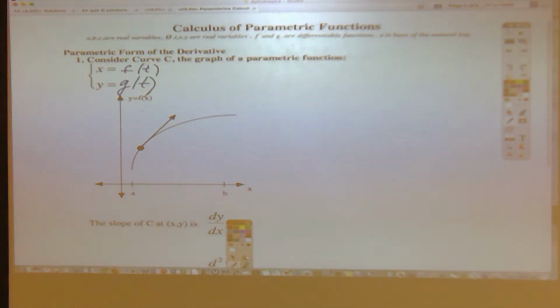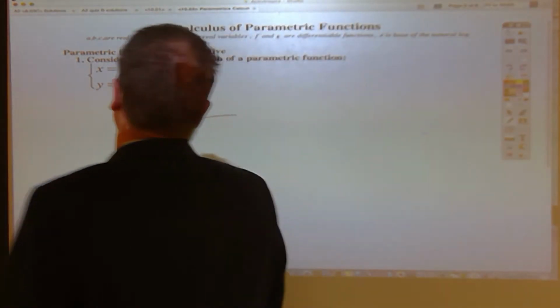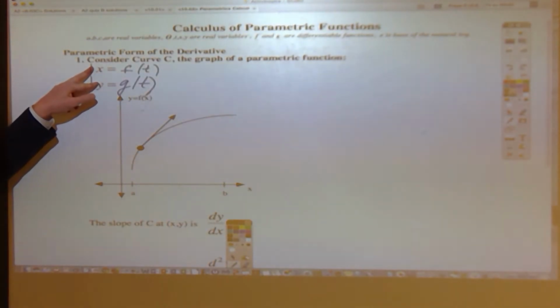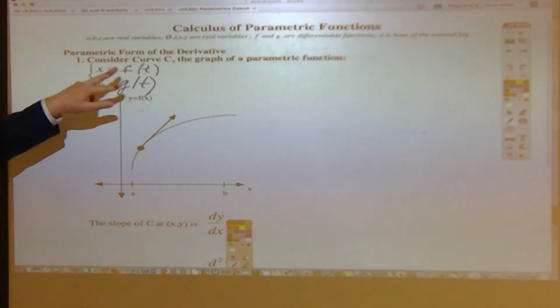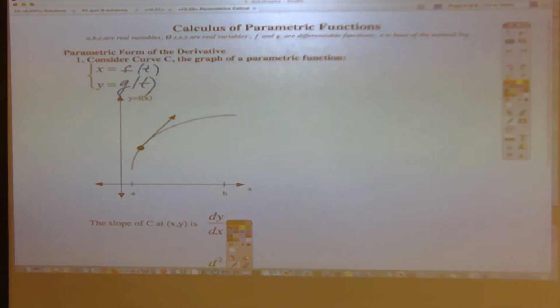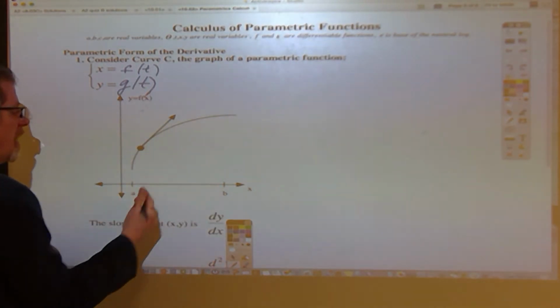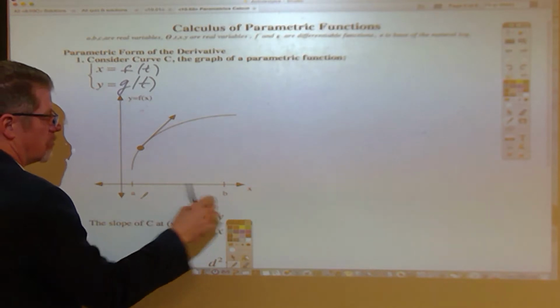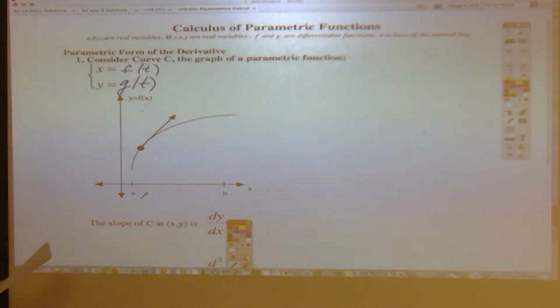So, all you gotta do is draw a curve with a tangent line on it. And let's say that generically, x and y are the parametric equations of this motion. So set up an x-axis and a y-axis, and we're going from a to b on the x-axis.